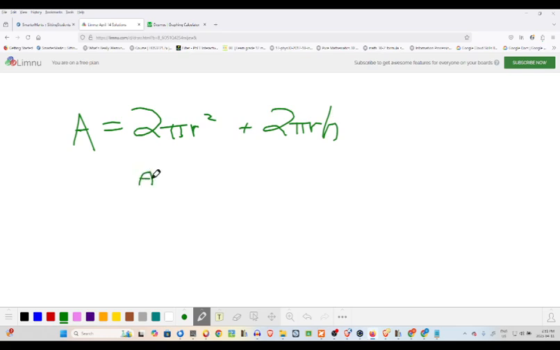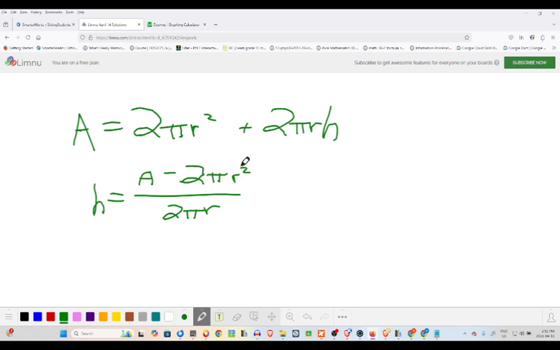Doing our algebra first. That's the area minus 2 pi r squared divided by 2 pi r. So we solve for height. We subtracted the 2 pi r squared from both sides.